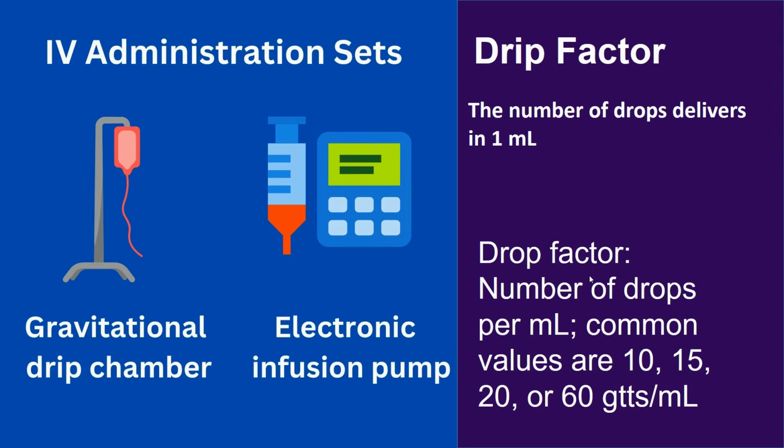However, the drop factor can depend on the tubing used for IV infusion. Common drop factors are 10 drops, 15 drops, 20 drops, or macro, which could be 60 drops per ml. But you will be given in the question the drop factor for that particular IV.